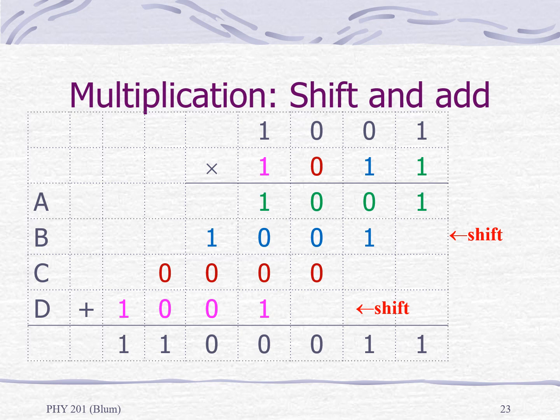So I'm going to multiply 1001 by 1011. And so I start by multiplying 1001 times that 1 in the ones place. And I see that result there in the row I've labeled A. Now I'm going to multiply 1001 by that 1 that's in the twos place, and that gives me my shifted 1001 that I've shown in row B. Next, I multiply 1001 by the 0 in the fours place.